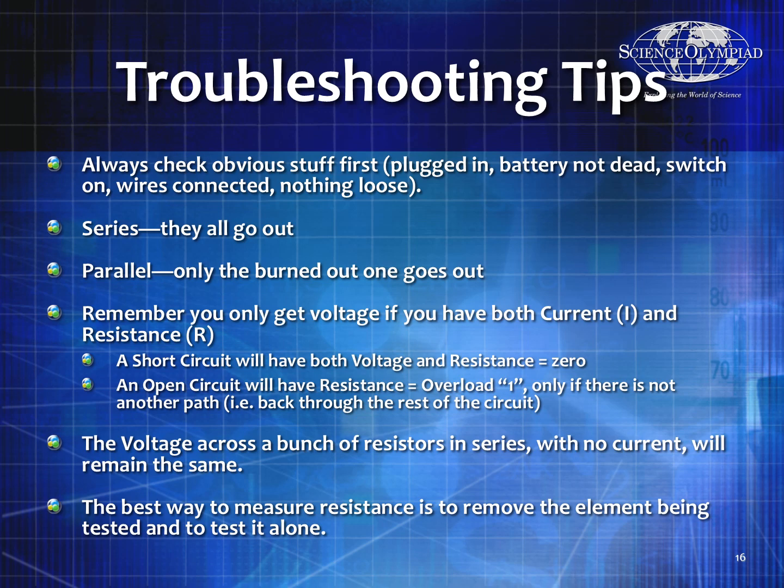So in other words, if I want to measure the resistance on my light bulb, I may have to actually remove that light bulb, or at least remove one of the wires from that light bulb before I can really measure it accurately. The voltage source across a bunch of resistors in parallel with no current will remain the same. And remember, no current equals 0. Okay, the best way to measure resistance is to remove the element being tested and to test it alone.